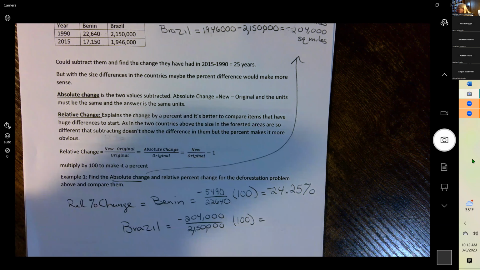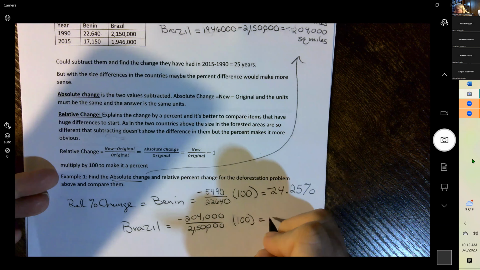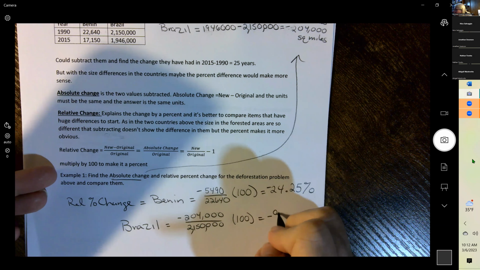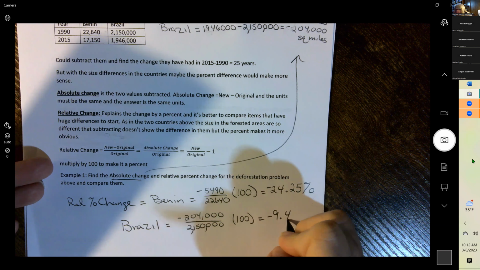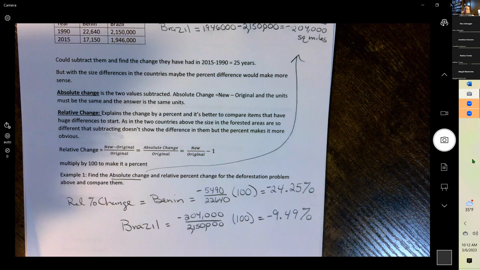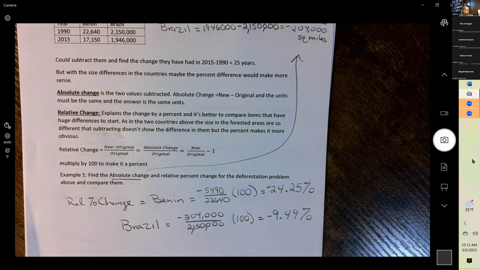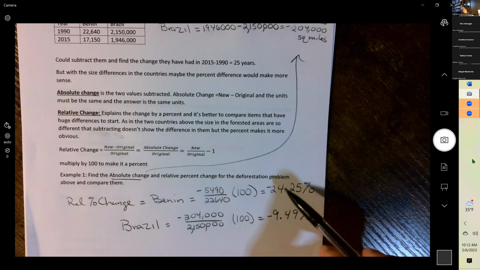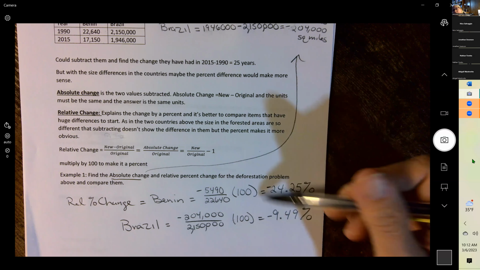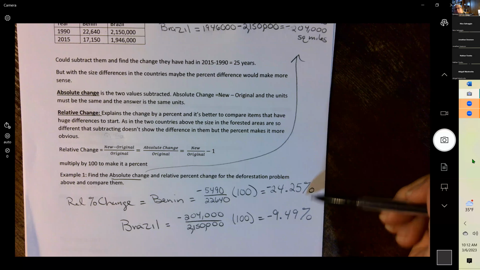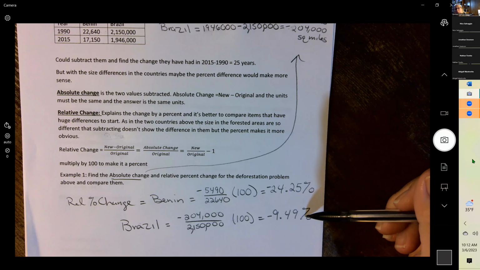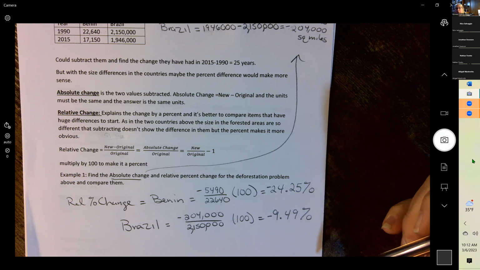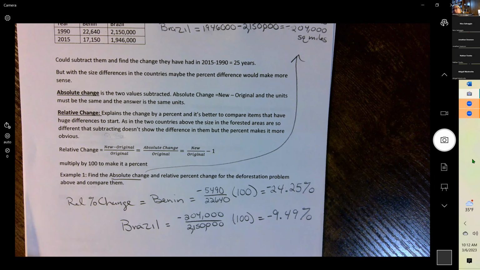I probably should have just gone one decimal place, but 9.5%. So Benin cut down a lot more than Brazil. Any questions on that?